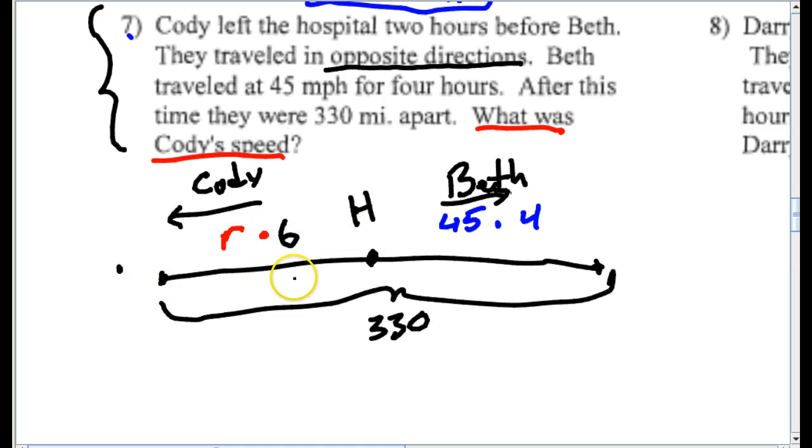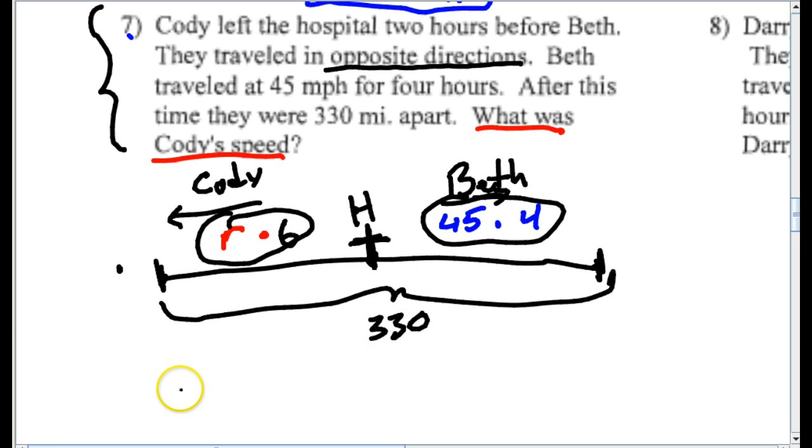They're not saying, well, half of 330 is 165. No, they went at different speeds. But they do know that from here to here, and from here to here, those together add up to 330. So it's kind of different, whereas these add up. This distance right here plus this distance right here equals 330.